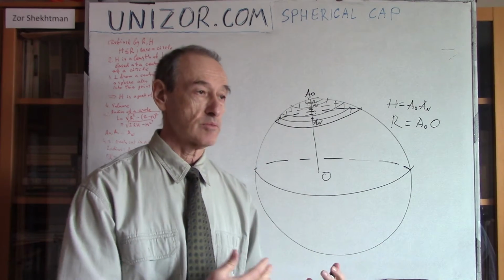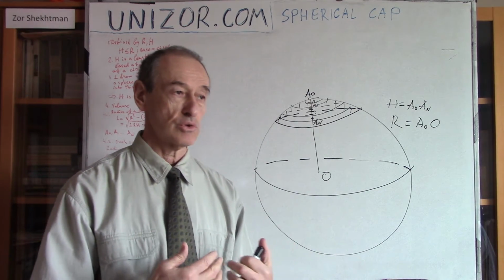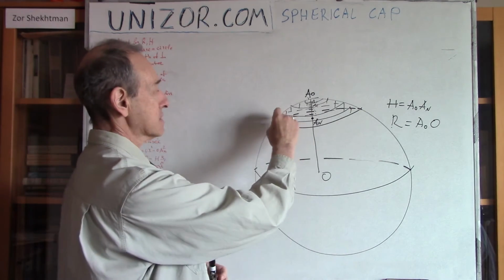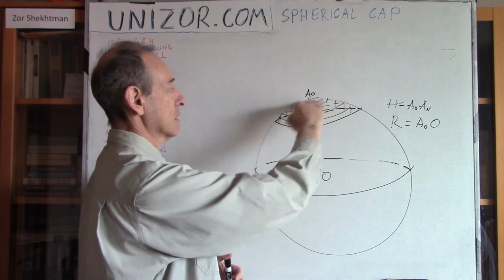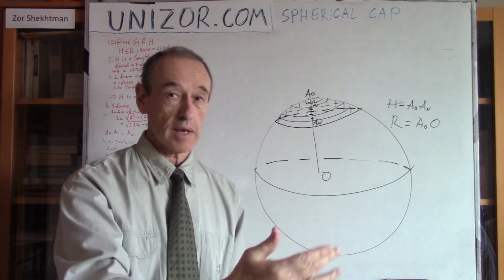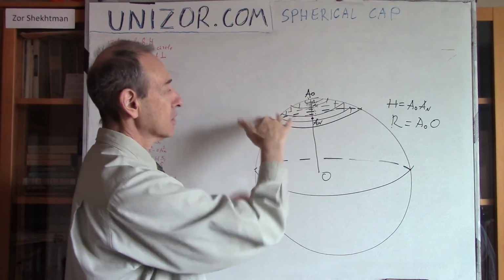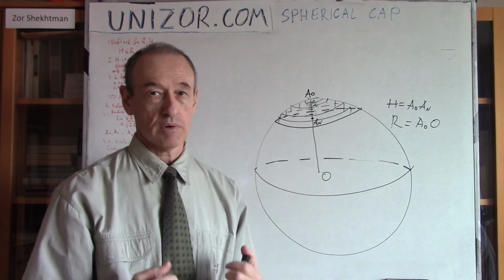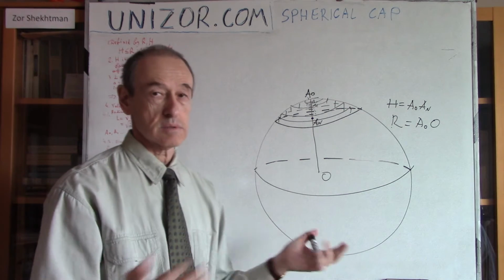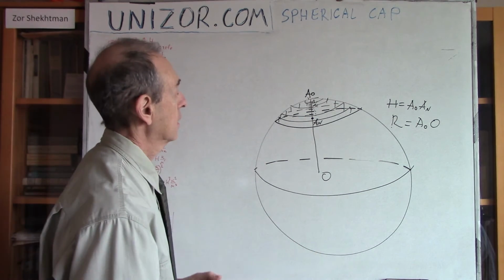So right now I'm just asking you to rely on your intuitive understanding that as we make the number of these cylinders greater and greater, they approximate the spherical cap closer and closer. So right now my purpose is strictly technical.